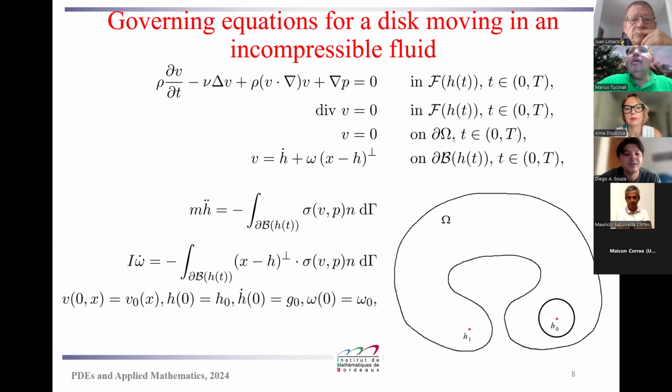So on the interface, they should not put the condition which you see here, but a more complicated one on the boundary of B. It is a result by Takahashi and Rosier. Rosier, okay, which is one of our speakers. I think it's a very old paper. Okay, I'll have a look.